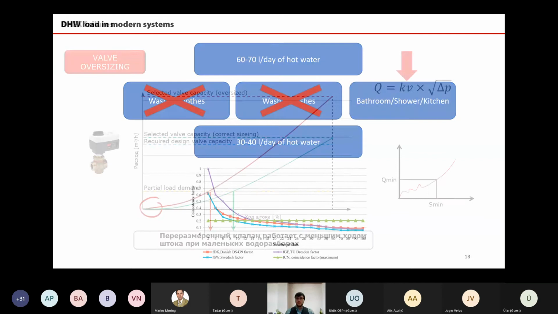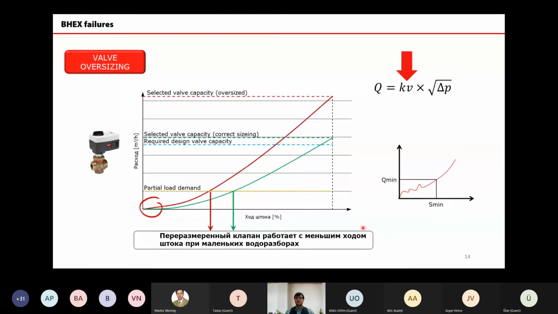So now I would like to say a few words about failures of the heat exchangers. If I split all the failures of the brazed units, 97% of failures are happening in domestic hot water applications, and they're mostly happening in winter or right after winter.